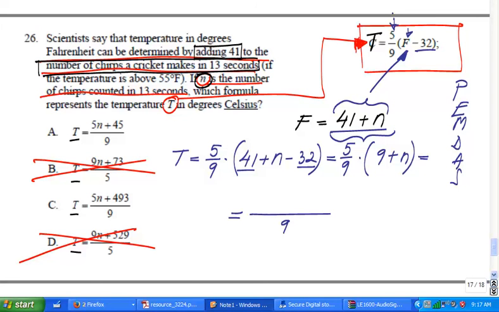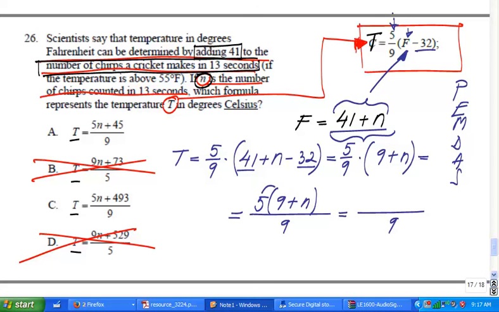And you have what? 5, your numerator, multiplied by the quantity in the parentheses, by 9 plus n. And because your answers are given in a no-parentheses form, you will say, this one equals what?